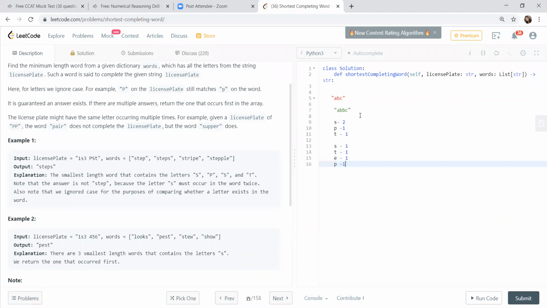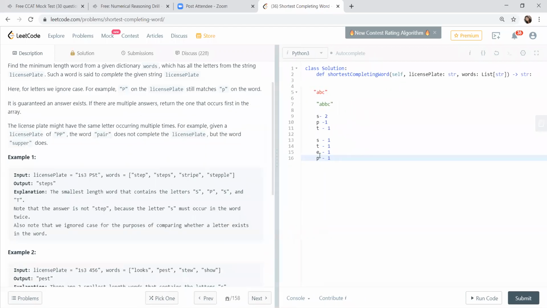Now if you assume this is in an array where you are going from 0 to 25, or you can even use a hash map, it doesn't matter. For the first word, the first letter S, the count of S should be greater than or equal to the count in the license plate.